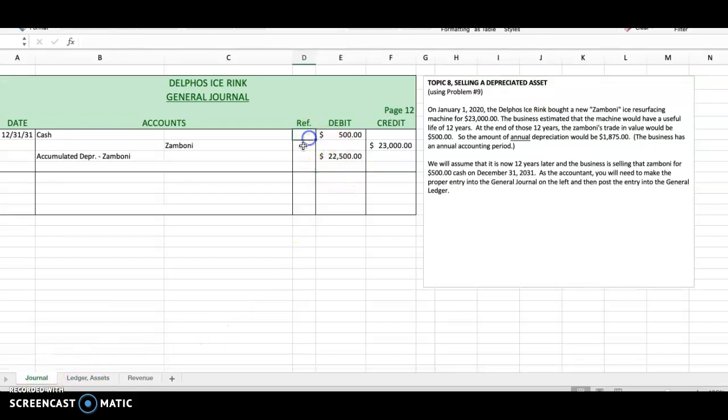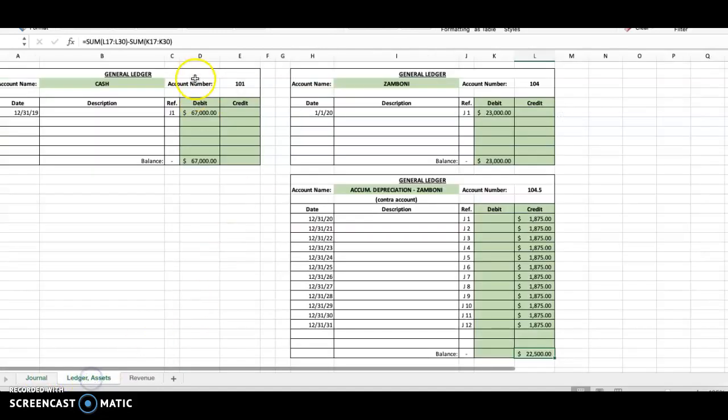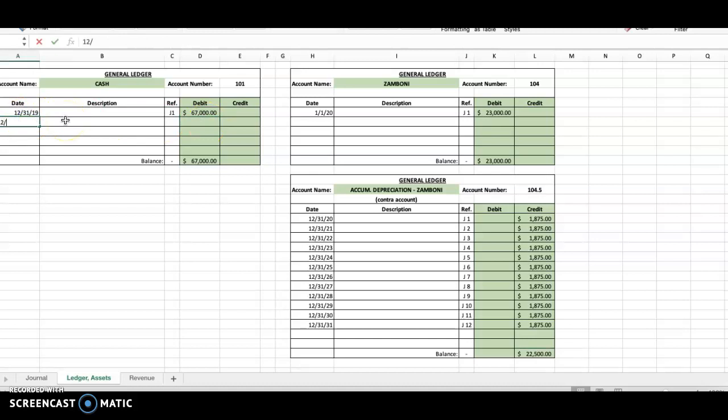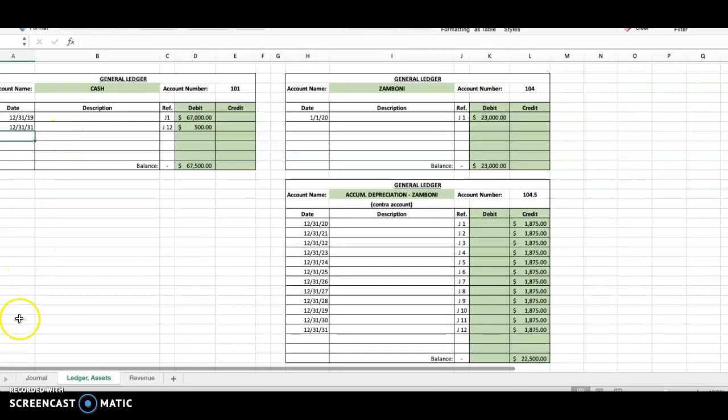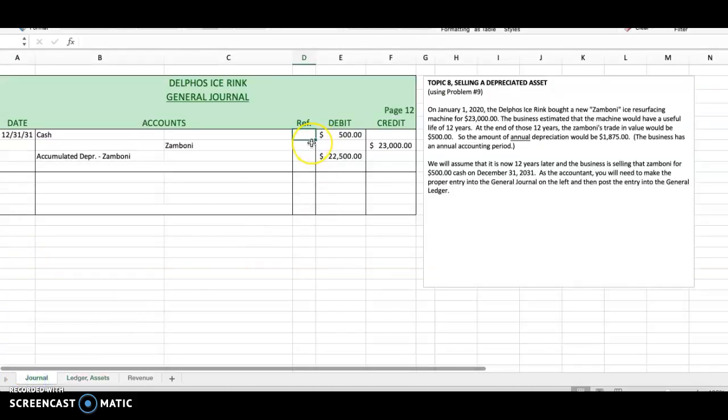So let's do posting. You've done this many times, should be easy. And we got some cash. And this was journal page 12, I believe. And we gained $500. So that part's very simple. And our typical account number is 101 for cash.